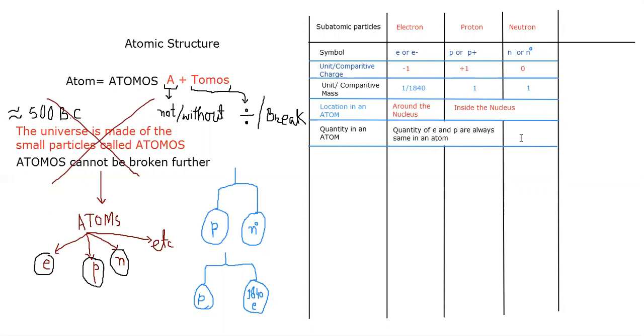But what about neutron? It varies. It might be more than the number of protons, less than the number of protons, or equal to the number of protons.